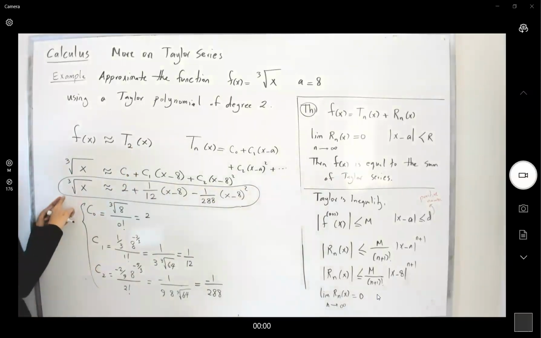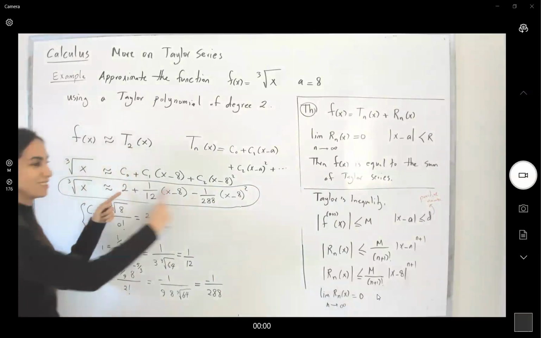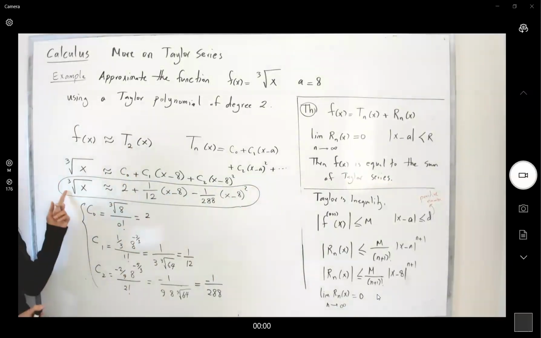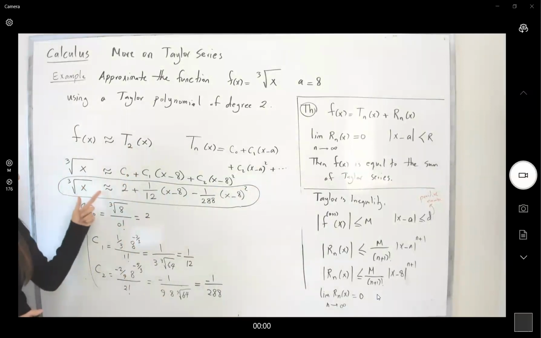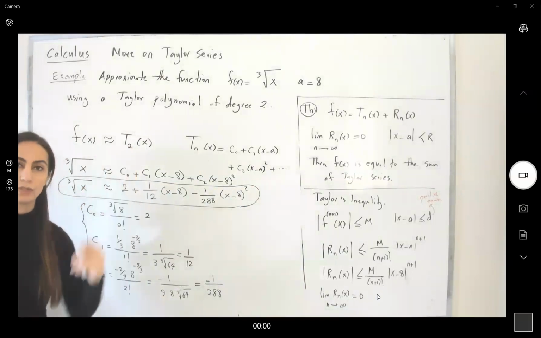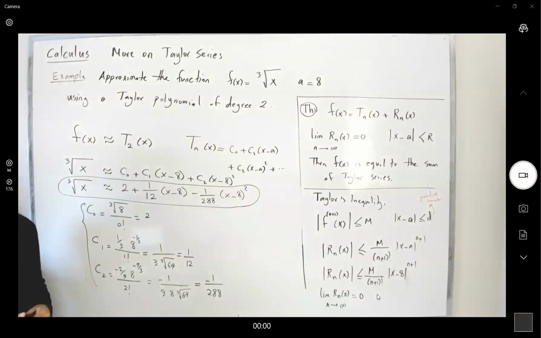So we're approximating a cube root function, the third root of x, by a quadratic polynomial. Isn't that interesting? The third root of x can be approximated by this polynomial of degree 2, which we all know is just a quadratic polynomial.